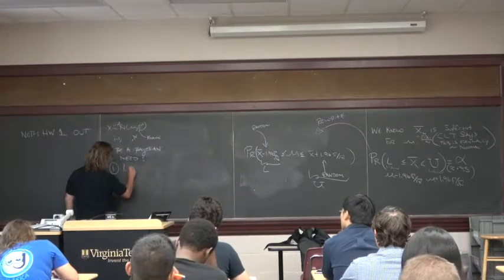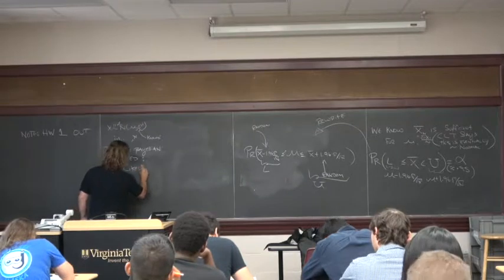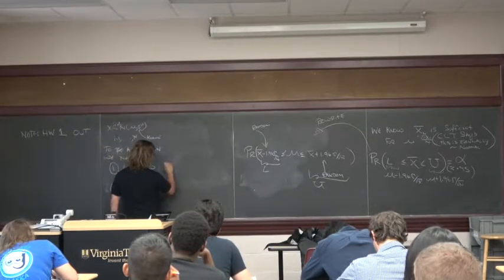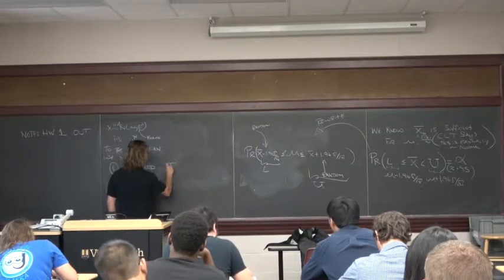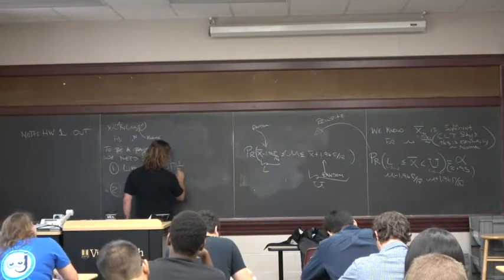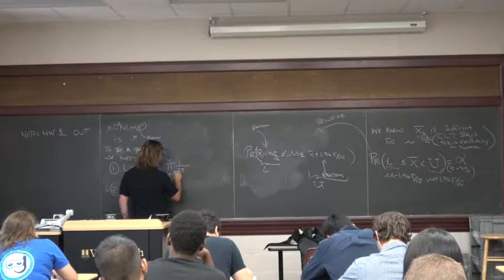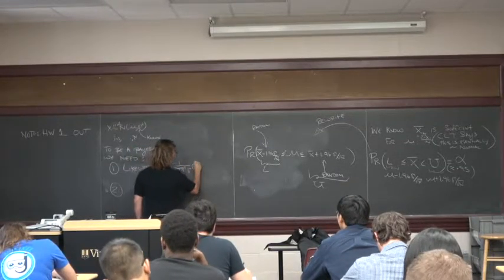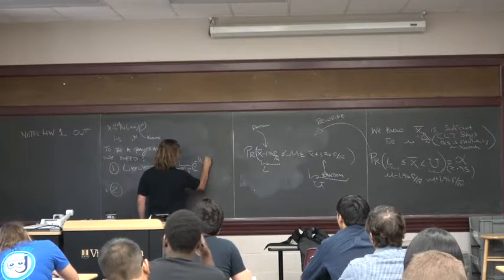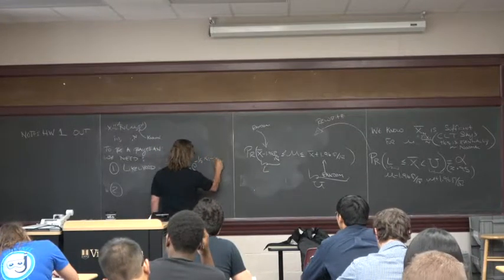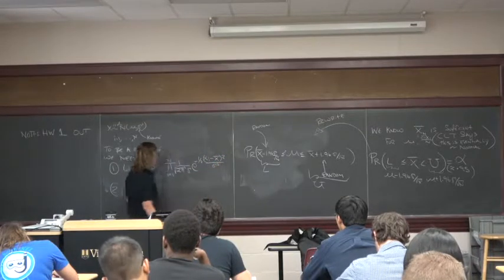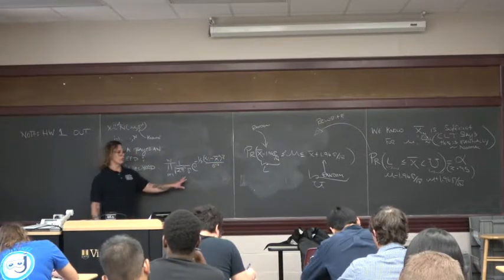So likelihood. What's the likelihood here? It's this thing. i goes from 1 to n. I'll just write down the sampling distribution: 1 over square root 2 pi sigma, e to the minus 1/2 xi minus mu squared over sigma squared. These are just little normal distributions.